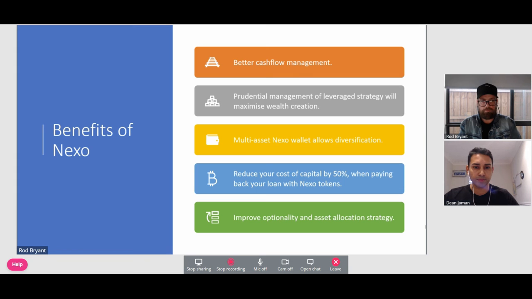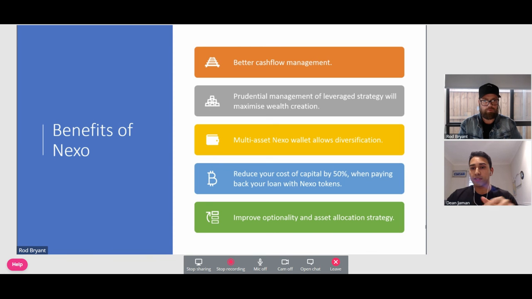Nice. So what are the benefits of Nexo? So better cash flow, obviously. So you can utilize your funds to buy other assets, which might have a better potential in the short term. And the biggest thing is the optionality. What I mean by that is that you can actually allocate the funds to, say, a particular stock if you wanted to.